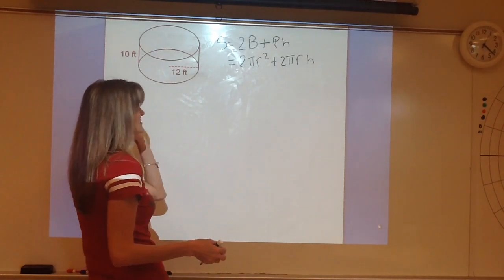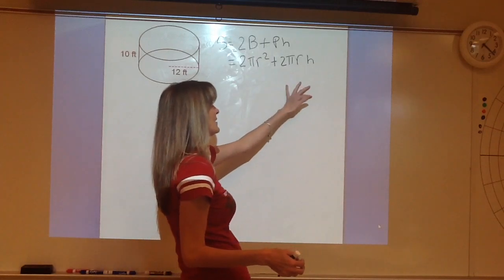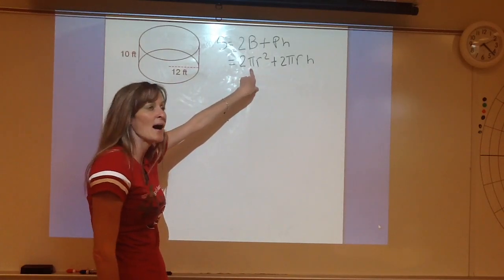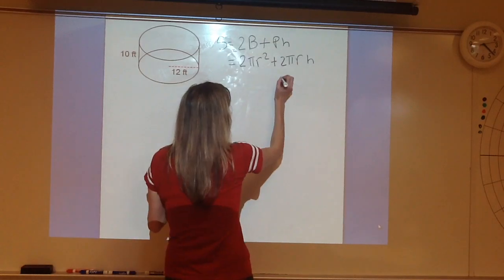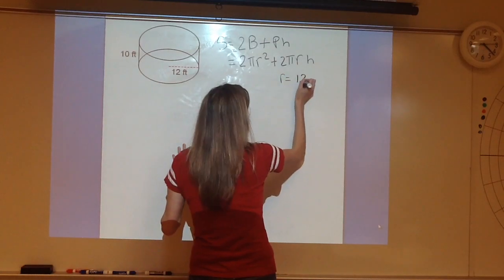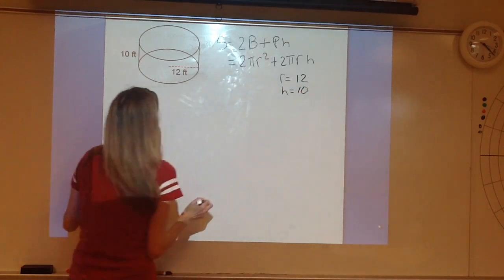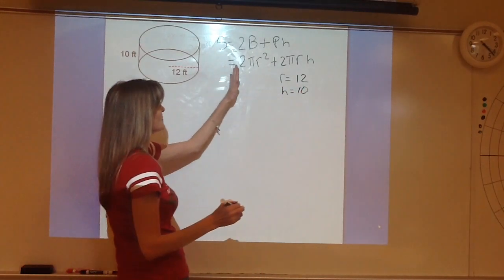It's easier because I only need to deal with radius and height. We are going to leave this in terms of pi. So my radius is 12 and my height is 10. So let's plug that in.